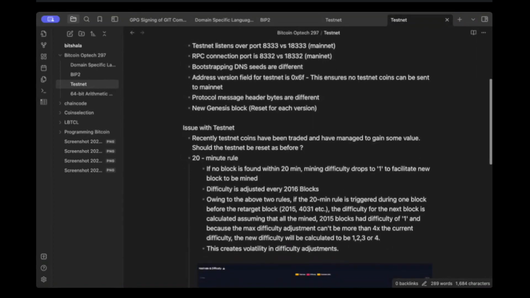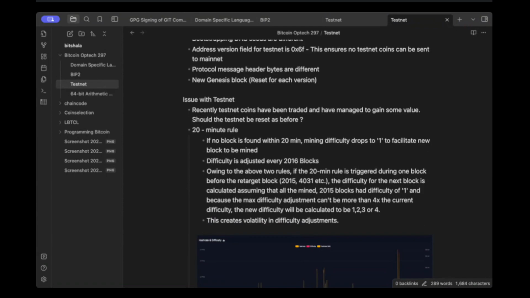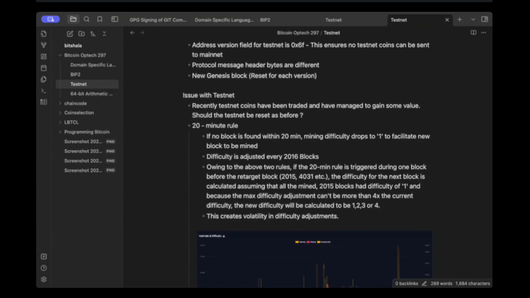So these are all the basics about testnet, some basic facts. Let's look into what the issues are. This is not a new problem, but typically some people assign value to testnet coins, and they also trade testnet coins, which is strictly not meant to be done.